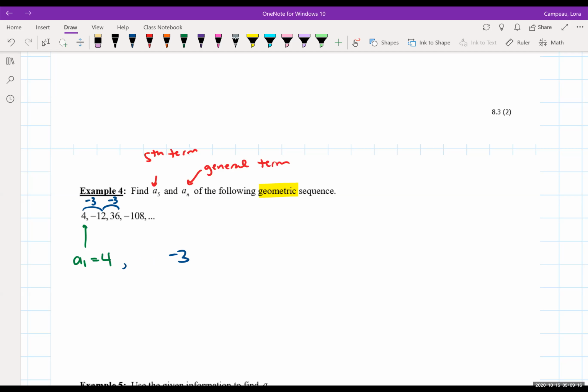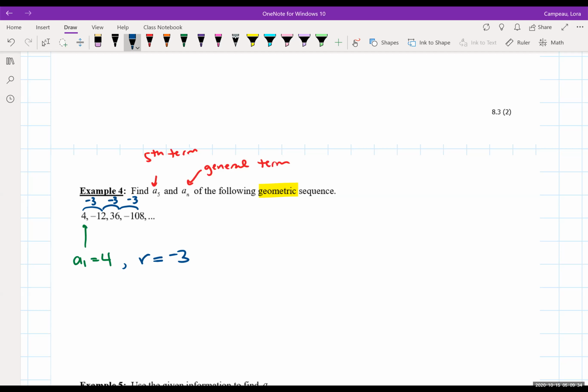Excuse me, common ratio. Here I am stuck in the arithmetic sequences. So if you want to verify that one more time, just in case, we do need to multiply 36, probably with a calculator, by negative 3 to reach negative 108.